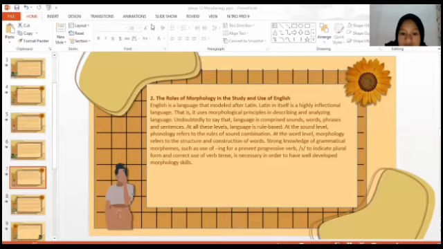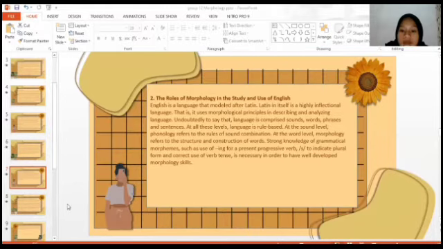Undoubtedly, language is composed of sounds, words, phrases, and sentences. At all these levels, language is rule-based. At the sound level, phonology refers to the rules of sound combination. At the word level, morphology refers to the structure and construction of words.